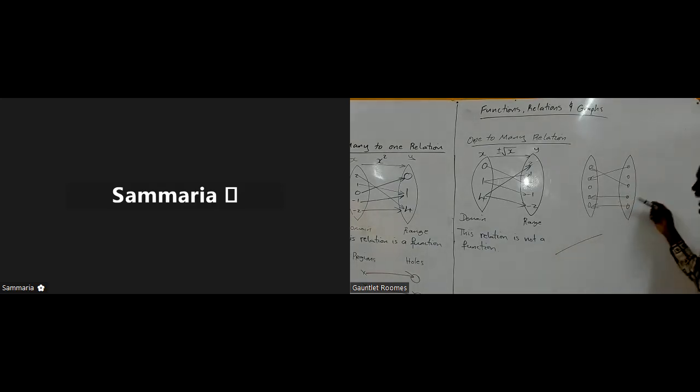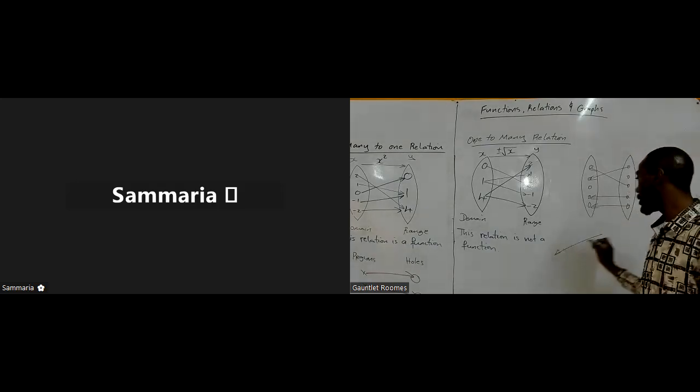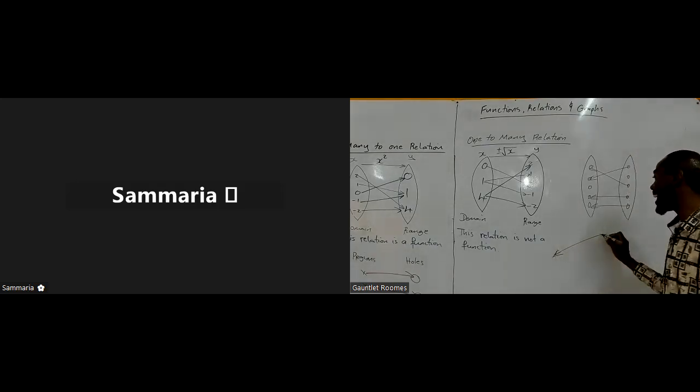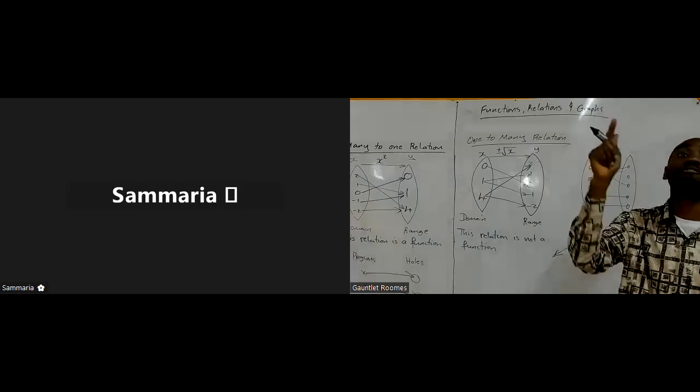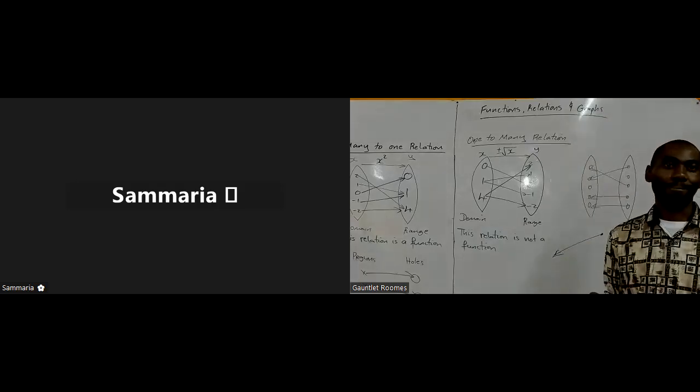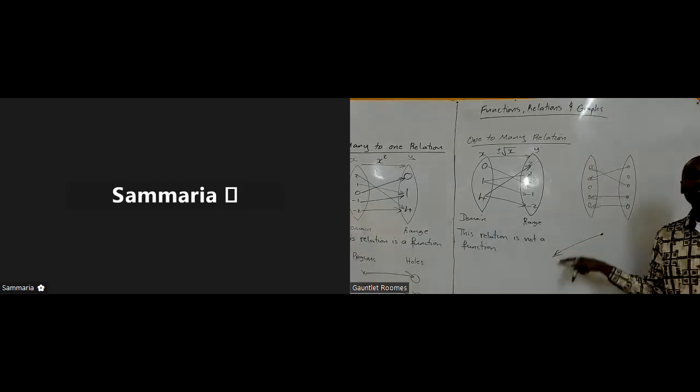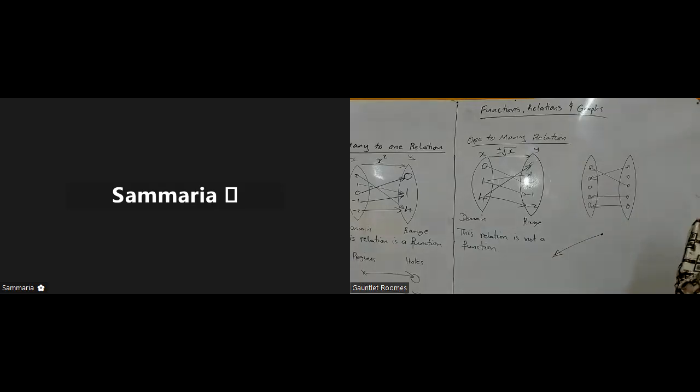And the tail of the arrow always represents where it is coming from, and the head of the arrow indicates where it is going.